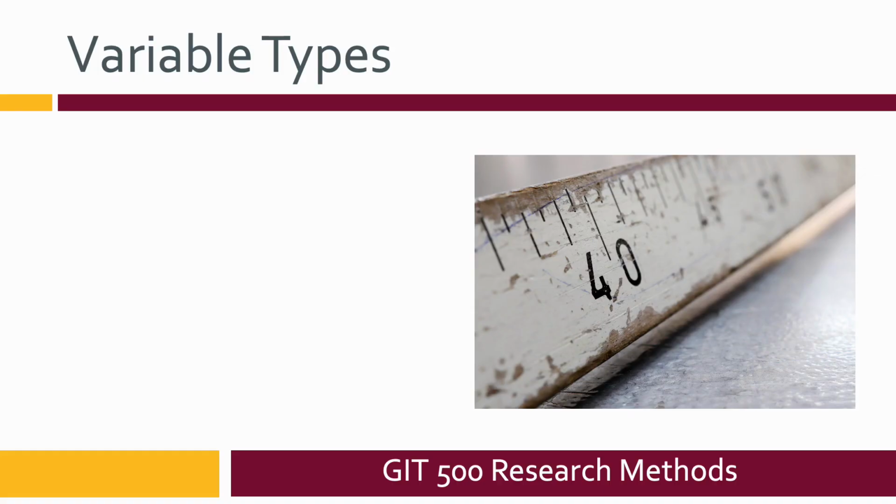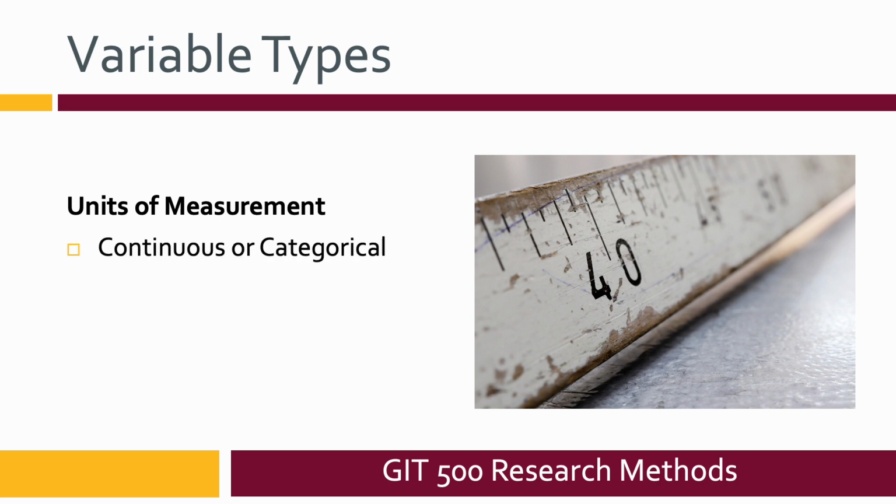All right, let's talk more about variable types. We talk about variables in terms of units of measurement. And then within that, we have two different ways to talk about that. We either call them continuous or categorical, or qualitative or quantitative.